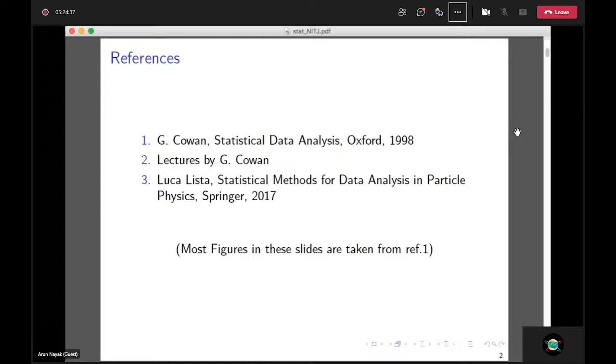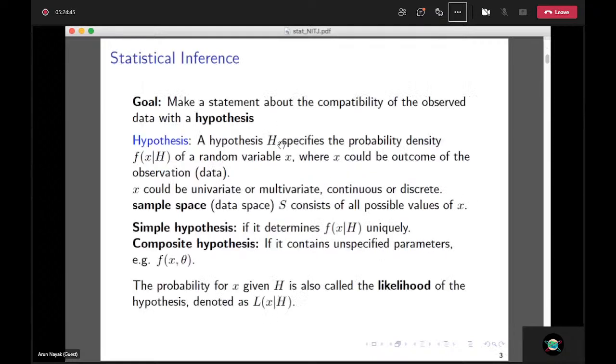So most of the figures and tables are also taken from this reference. Okay, so let me start with what is called statistical inference.